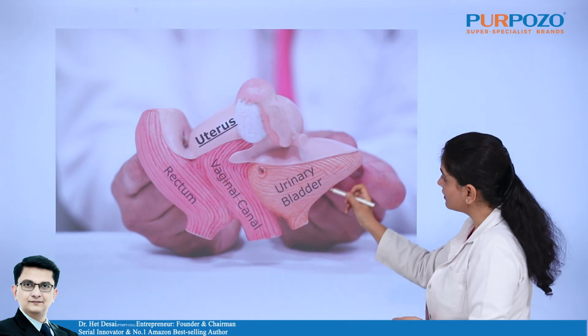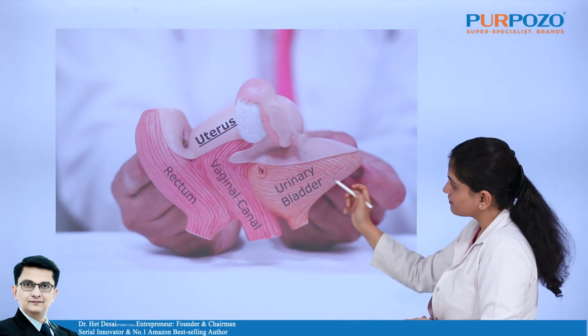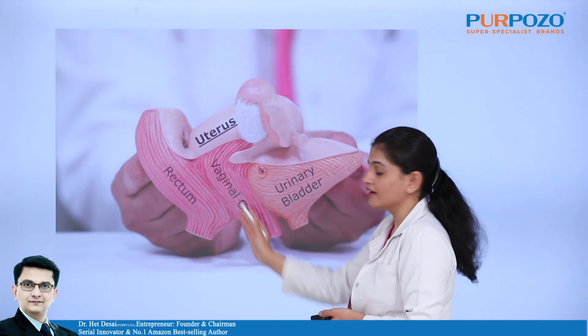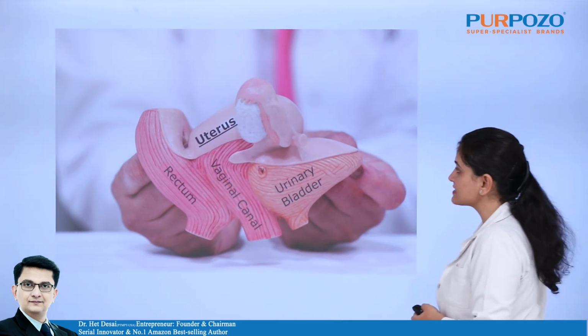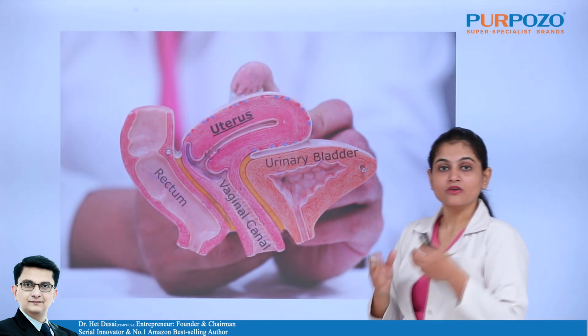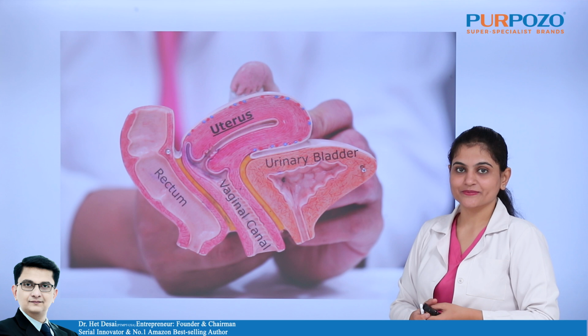Again here we can see the bladder, the uterus, the rectum and the vaginal canal. So, let us understand what the uterus is like and what its layers are.